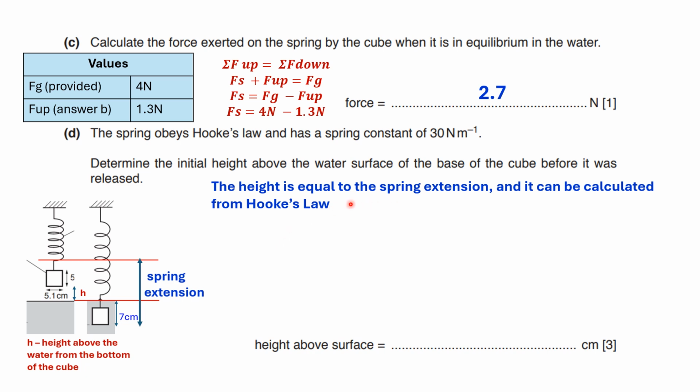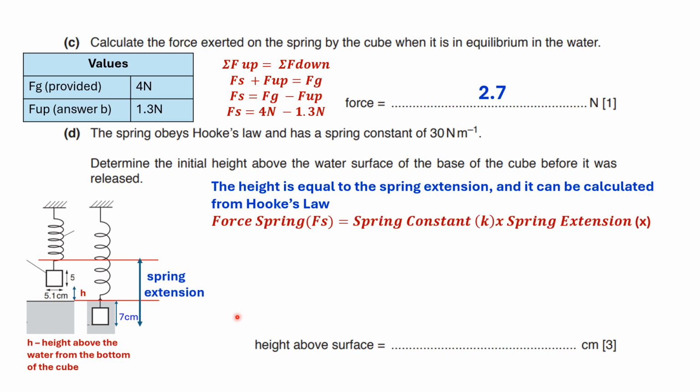The height is equal to the spring extension, and it can be calculated from Hooke's law. The difference between the length of the spring, the final minus the initial, is the spring extension. To calculate this, we need Hooke's law formula.